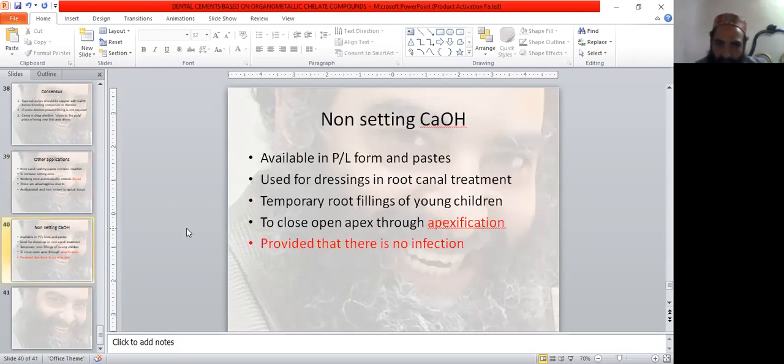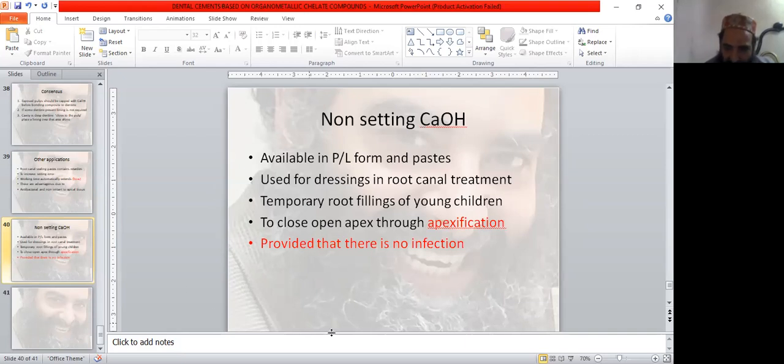Non-setting calcium hydroxides are also available in powder-liquid form and pastes, usually present in our clinics and hospitals, used for dressing in root canal treatment and temporary root fillings of young children, where they are used to close an open apex through apexification, provided that there is no infection.